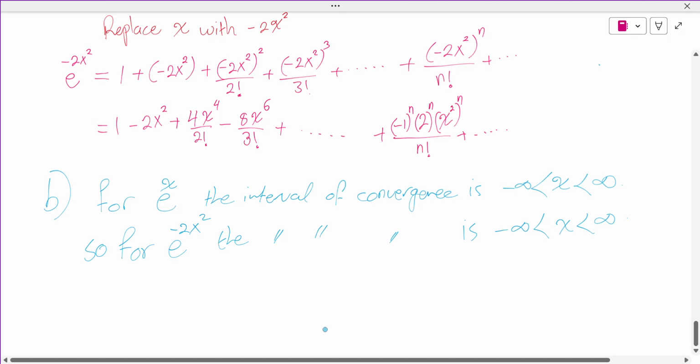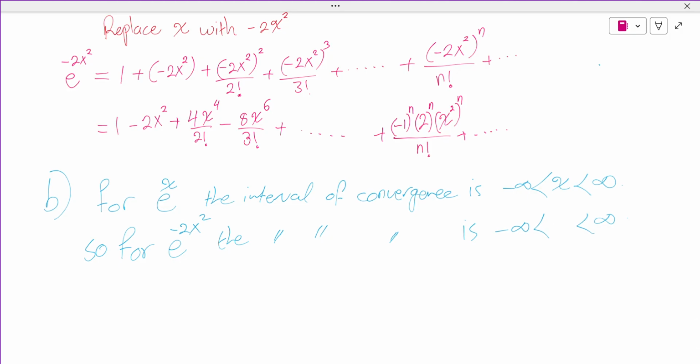You can here say that this is what? Negative 2x squared. Okay? Or you can apply the ratio test.